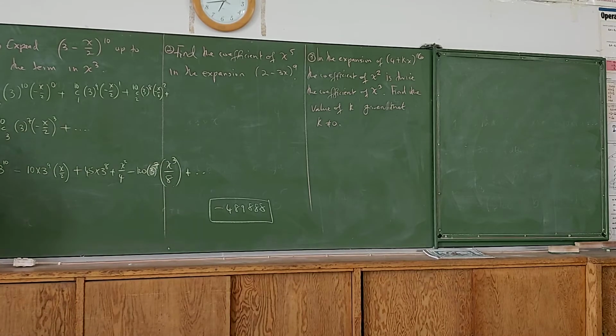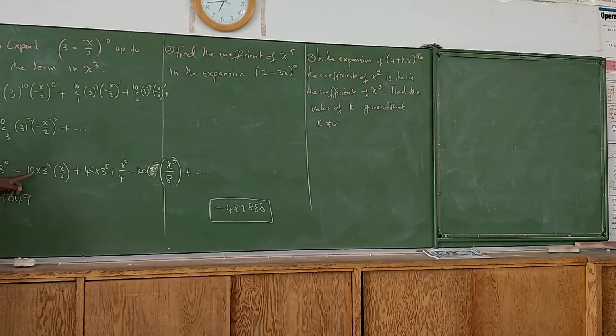So what is 3 raised to the power of 10? 59,049. What is this answer here now?